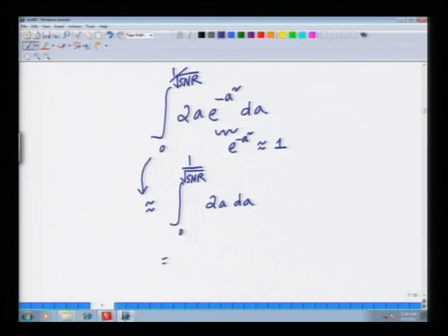Hence, this integral is nothing but 2 times the integral of a da, which is a square over 2, between 0 to 1 over square root of SNR.